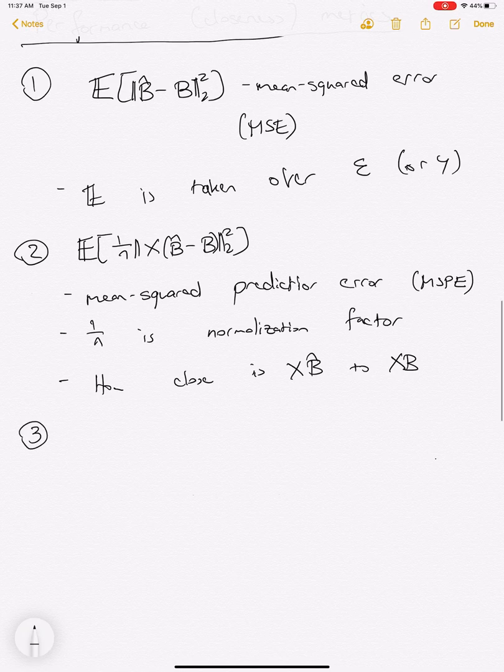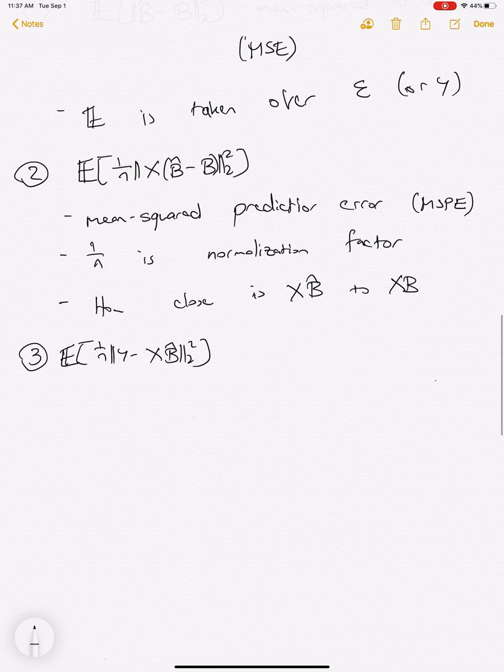Third one, which we'll spend the least amount of time on, but it's still worth mentioning. It's very related to the second, but there's a little bit of difference that we'll talk about. This is referred to as out of sample. So we'll say this is OSPE.